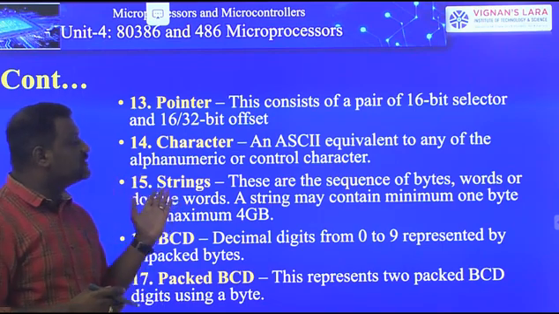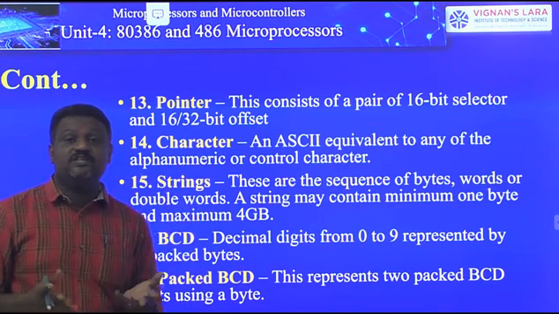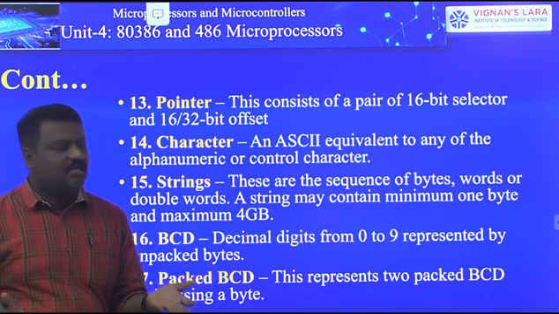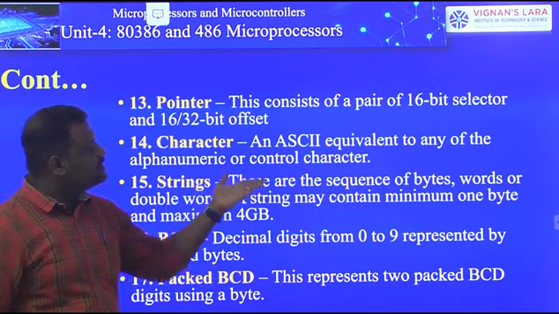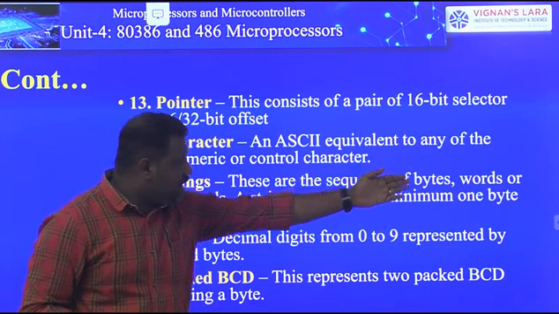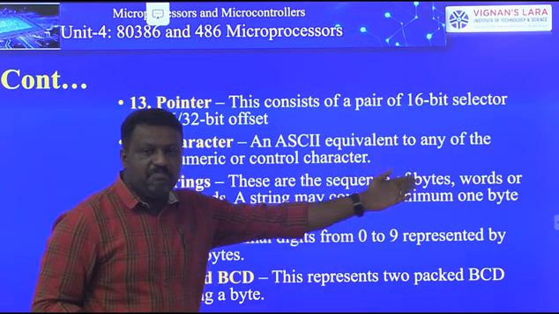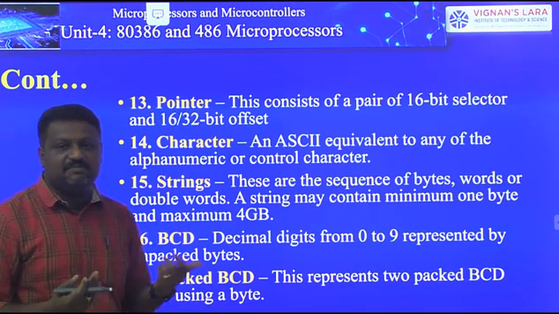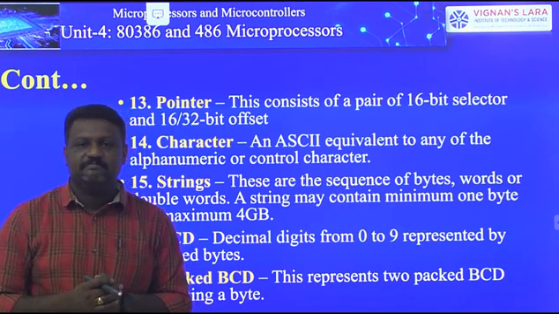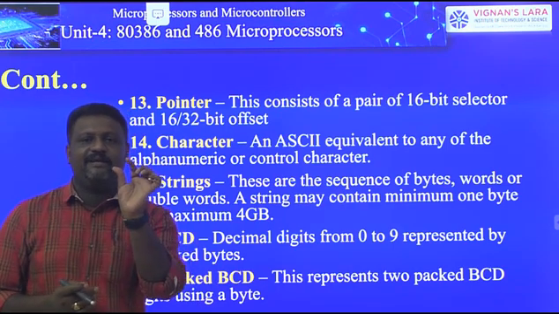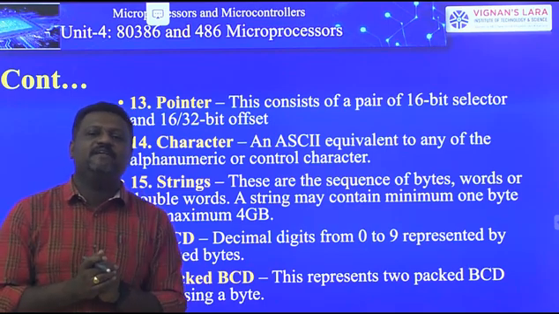And the 15th one is strings. Generally a string is nothing but a collection of characters. So what is a string? It is a sequence of bytes or words or double words. A string may contain a minimum of 1 byte and a maximum of 4 GB. Generally a character can be represented with an equal ASCII code.